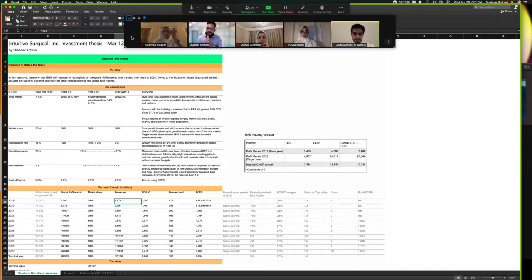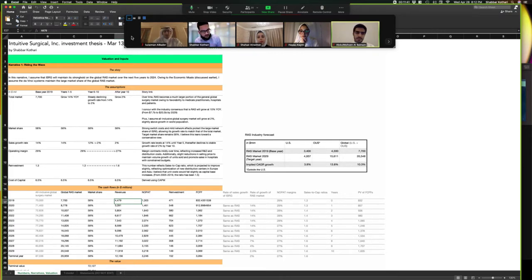So notice the first part where it says narrative 1, riding the wave. I just gave the narrative a name. The narrative being a set of assumptions that you have. I came up with 2 narratives because I want to get a range of possible values for ISRG.